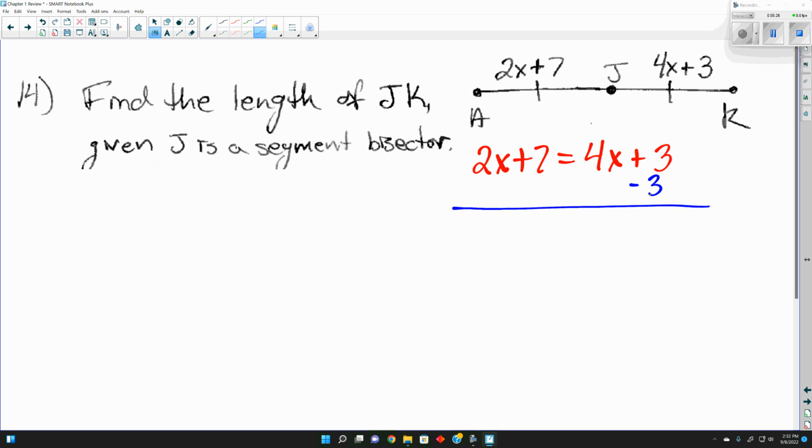Now what we do first, because we could have subtracted 7 first, or we could subtract 3 first. We could have subtracted 2x or 4x first. Because we just need to pick which one we want to do first. So if we subtract 3, these will cancel, giving us 4x by itself. On the other side, we'll have 2x plus 4, because 7 minus 3 is 4.